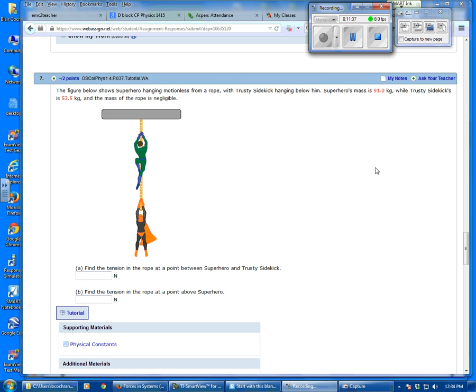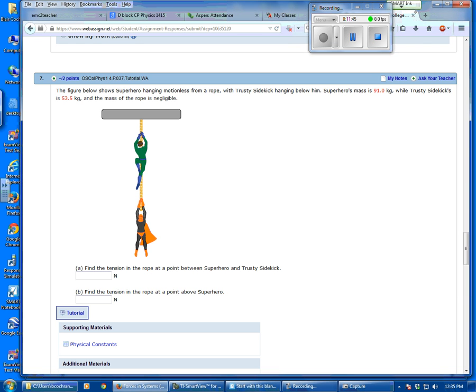All right, so number 7. We got the superhero and the sidekick hanging, all that fun stuff. How many force diagrams? 3.